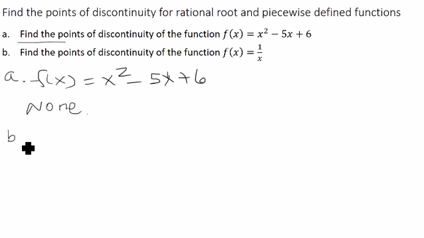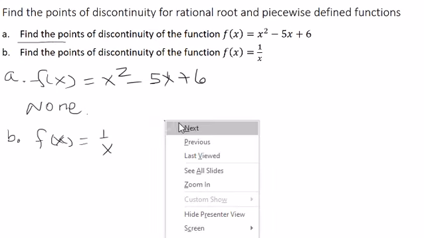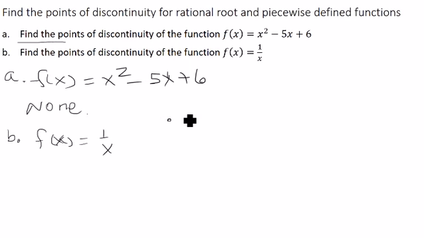Next, here we have a function, so we've got to find the points of discontinuity of the function f of x equals 1 over x. Now, oftentimes, while we are searching for the discontinuities of a function, we are looking for the places where the denominator equals 0, or the quantity inside the radical is negative.